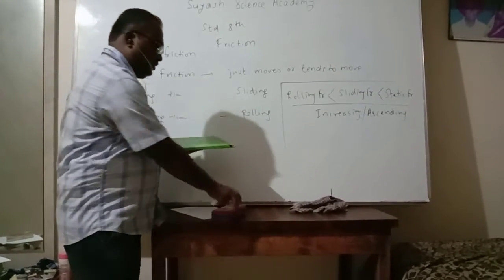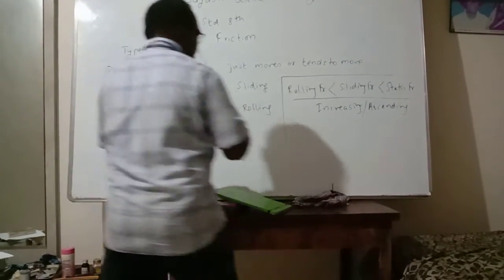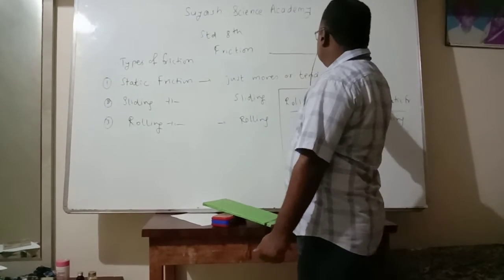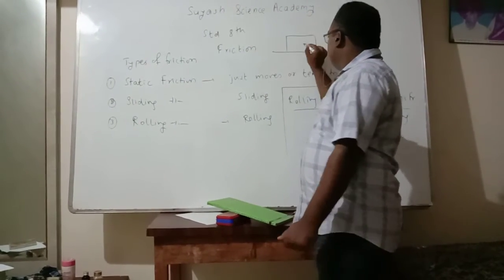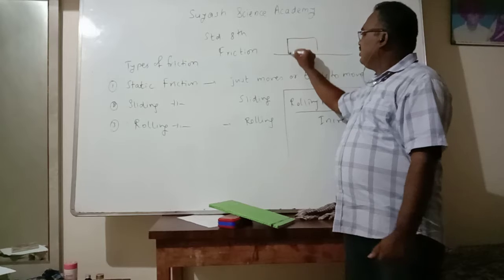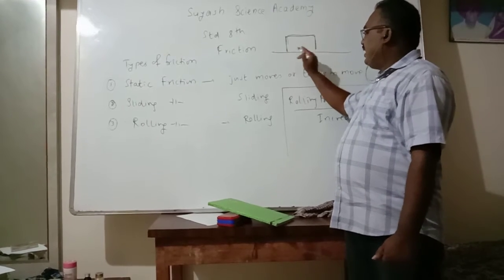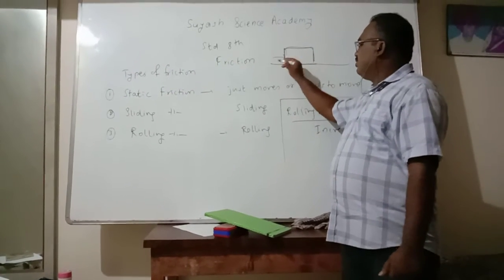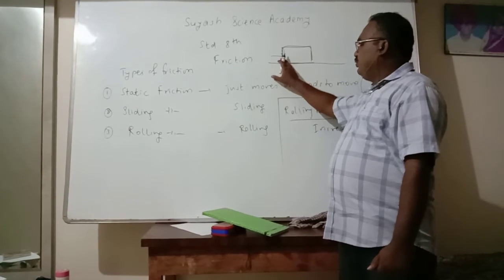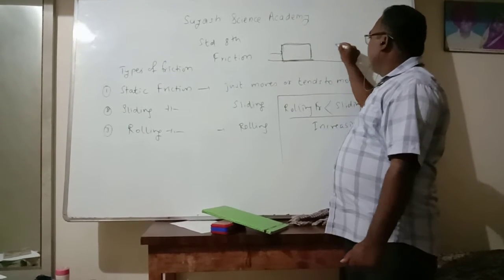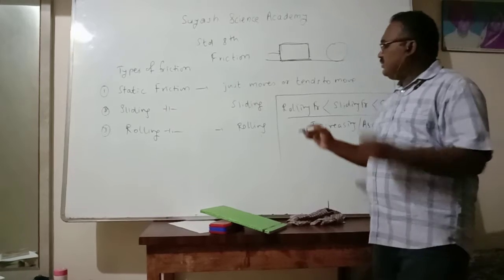I will draw the diagram. Suppose this is the ground surface and these are the wheels of a vehicle. Suppose the wheel is rectangular, then a large surface is in contact, so you have to apply more force in order to move the vehicle. But when the wheels are round in shape, then what will happen?